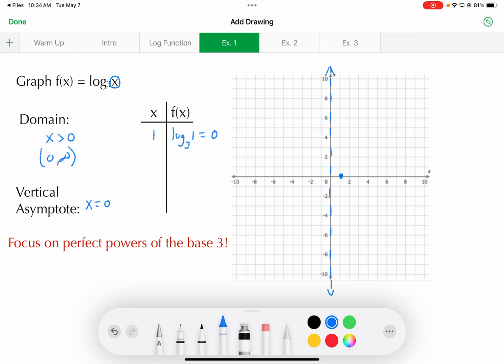Now, the next best perfect power of 3 would be 3 itself. What would log base 3 of 3 equal? 1, because 3 to the first power is 3. So that plots to the point (3, 1).